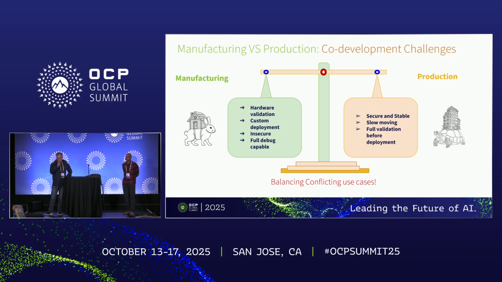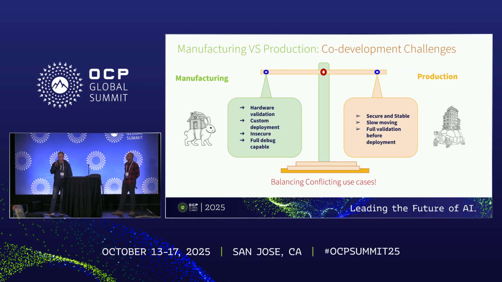Besides, there are also many tools installed in the manufacturing OS. Compared with that, the production OS's purpose is to serve the customer workload, so it needs to be secure and stable. The update of the kernel and driver would not be so quick, and besides, the tools are not so diverse. So these 2 OSes are different in nature.